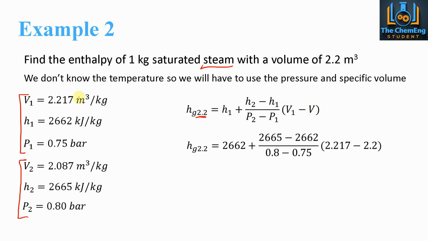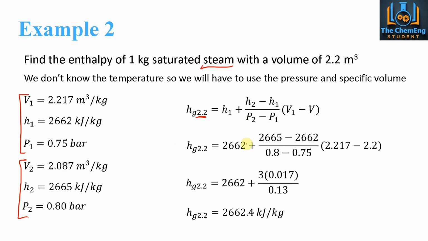All we do here is substitute these values into this general equation and we begin to solve. From here, we just simplify, and that will tell us that the enthalpy for 1 kilogram of saturated steam that corresponds to a volume of 2.2 meters cubed will give us 2662.4 kilojoules per kilogram. And that's how you would go about solving linear interpolation for steam table problems.